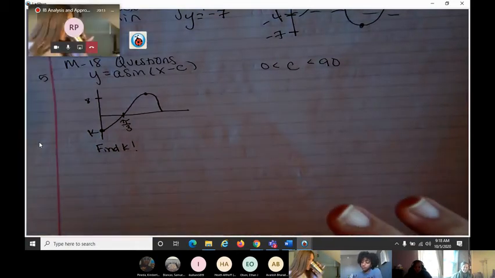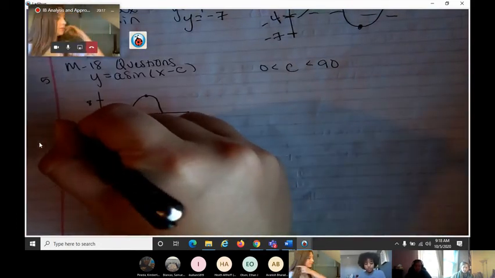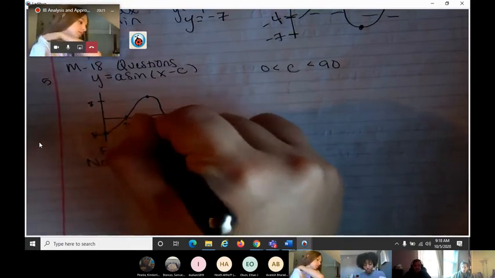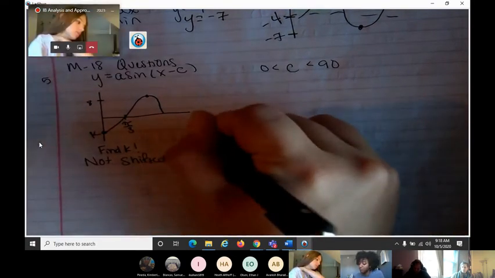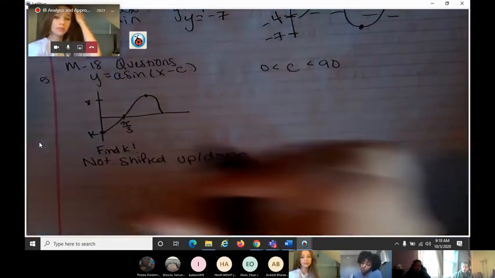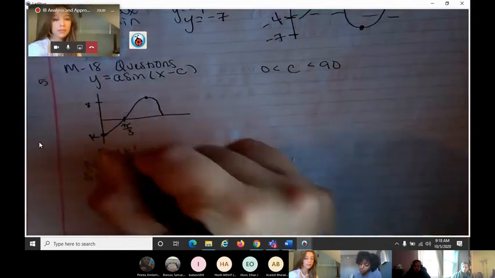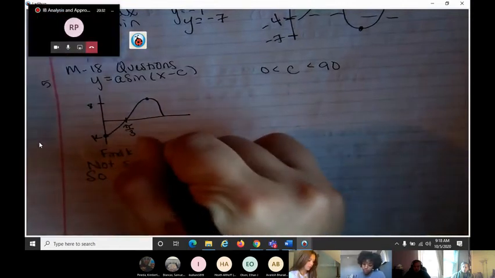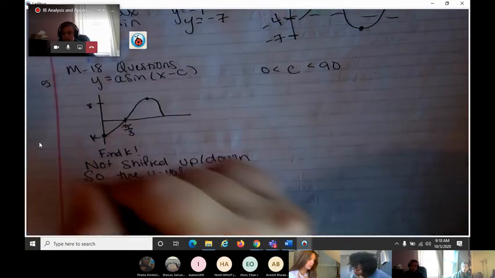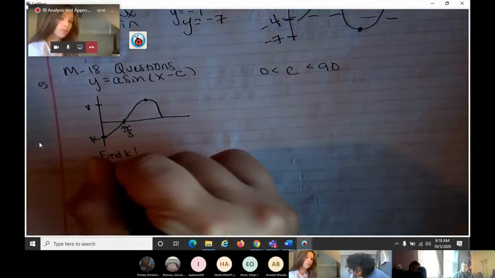Okay, all right, so I'm going to write what we know. We know that it is not shifted up or down. So this means that the y value of the max, which they do give us, is the amplitude.